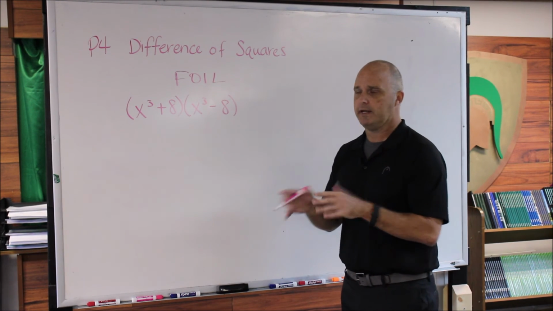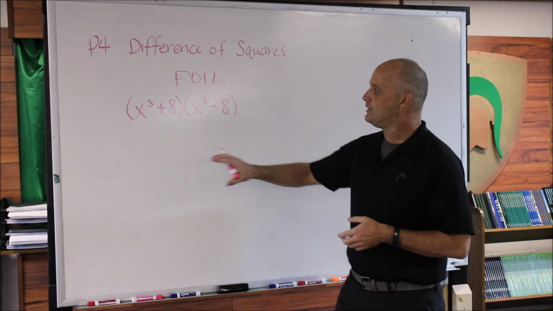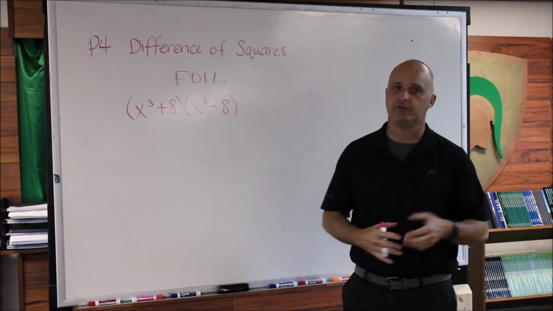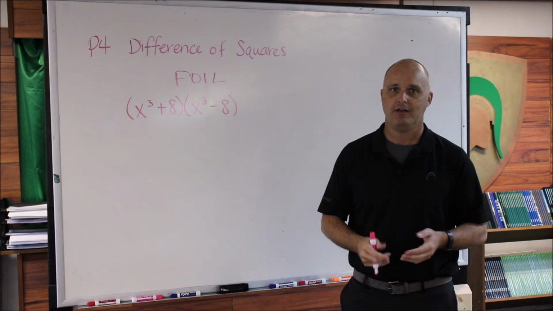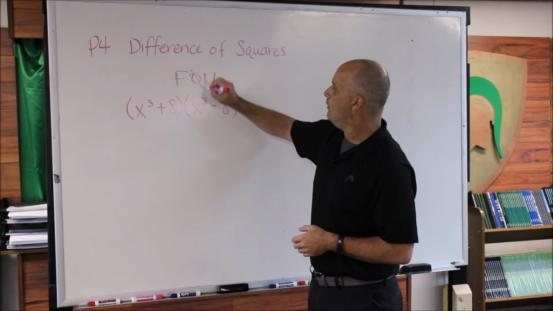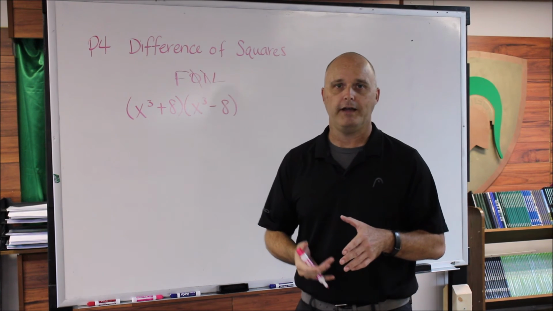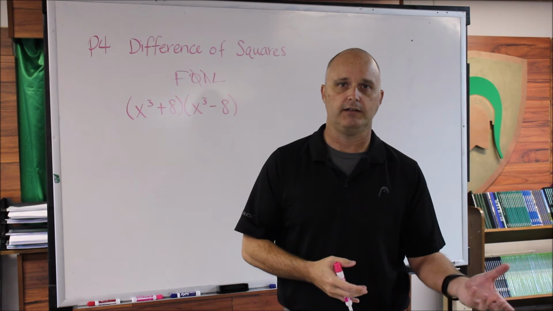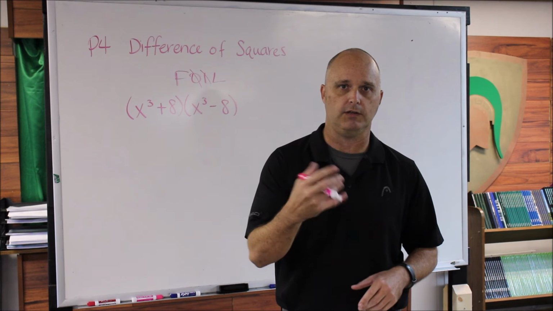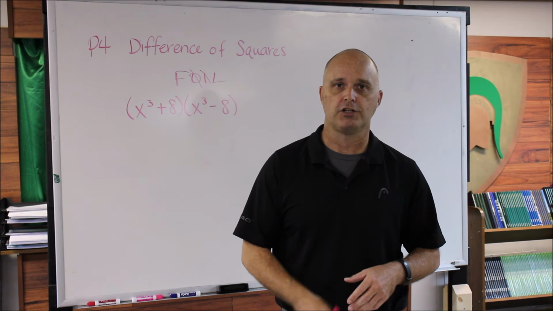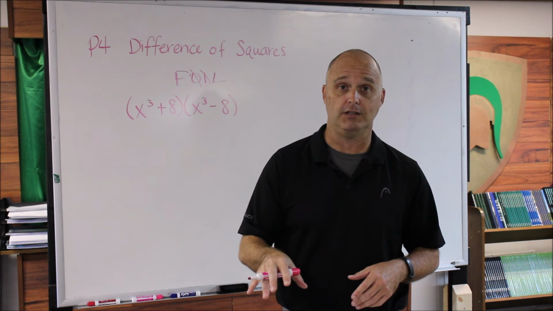We'll see that when we get to the solution. In order to get to the solution, there's a special rule that you can know about this. You can actually eliminate the O and the I from FOIL when you do this. The reason why is because the result of the outside and the result of the inside multiplication are going to end up canceling each other out.